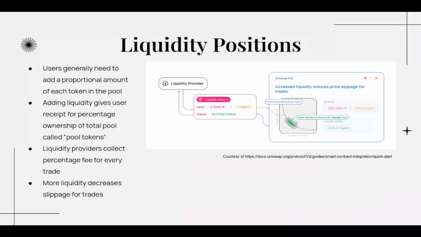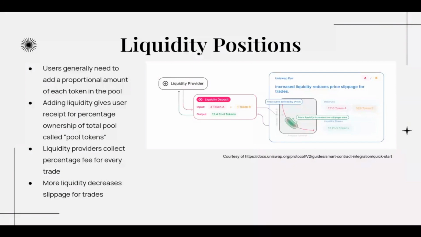In the case of something like Ethereum and US dollars, if Ethereum's 1,500 right now, and you put in one Ethereum to the liquidity pool, you also have to put in $1,500. This is to keep the pool at a balanced ratio. And like I said, on the new Uniswap v3 you can actually customize this, but that gets a little more complicated. The concept is generally the same of having a balanced pool.